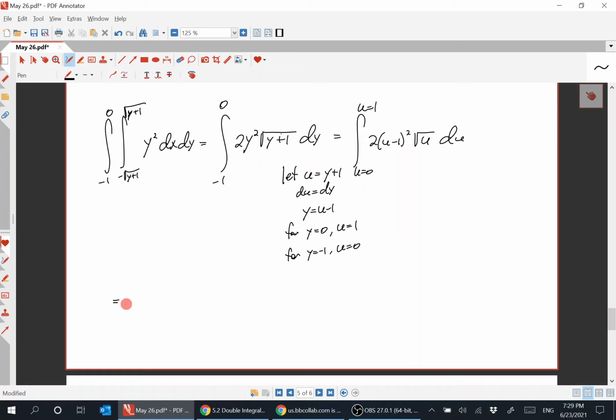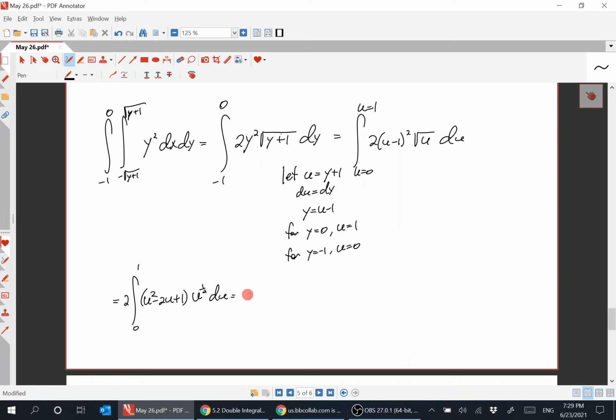So this becomes the integral from 0 to 1. I'll put the 2 out here. (u squared minus 2u plus 1) times u to the 1/2 du.